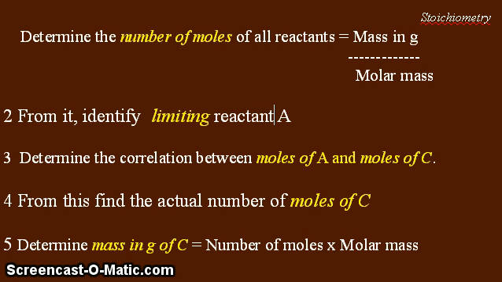So in the last step, we'll determine the mass of C, that is the mass of HCl produced, by using the formula number of moles times molar mass.